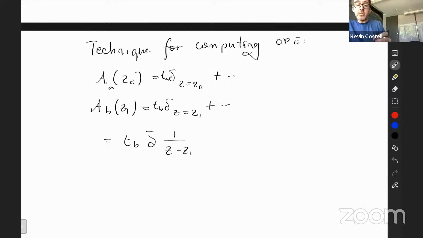So I can remove this state by a gauge transformation.